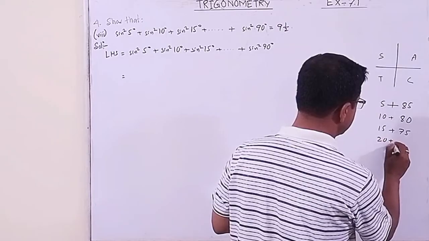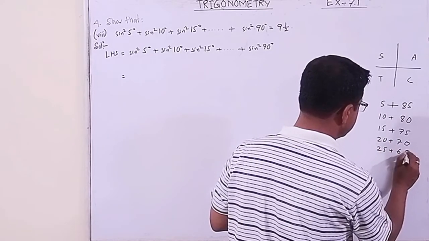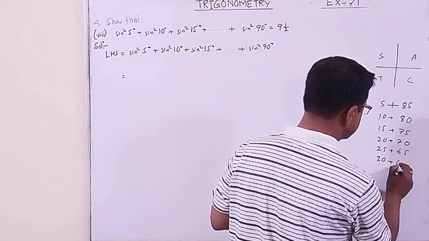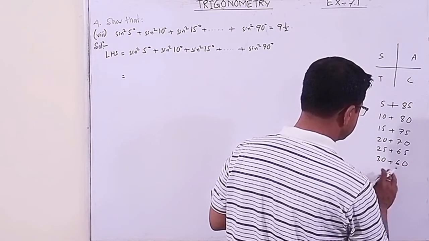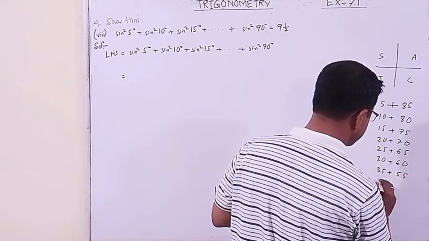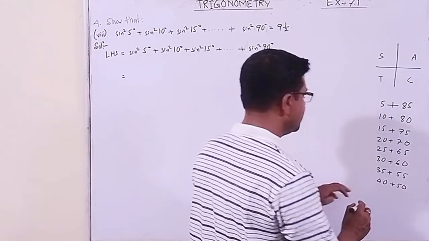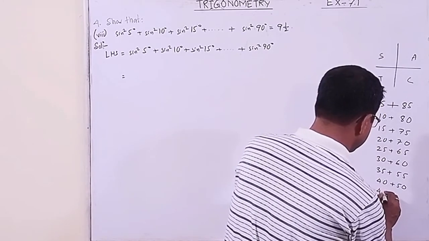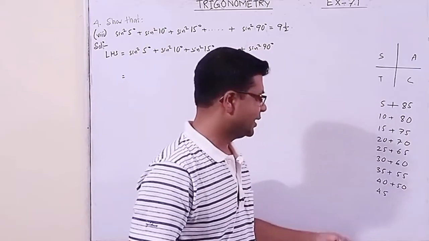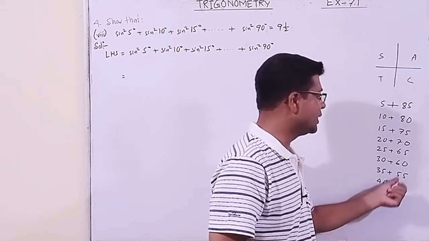Then 20, 70. Then 25, 65, 30, then 60. Then comes 35 to 55, then 40 to 50. Now then 45, again it is just like the last sum, isn't it? With 45 what will we put to get 90 degree?